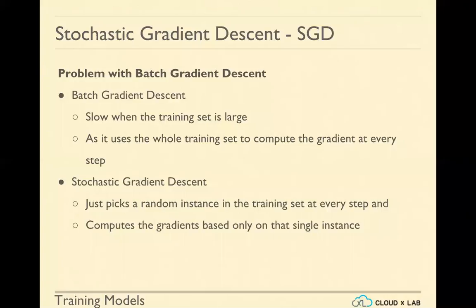This sounds very strange, but at every point of time, instead of computing the overall slopes and overall costs based on the entire data set, batch gradient descent goes and computes the slopes for each of the thetas, for each of the data points.